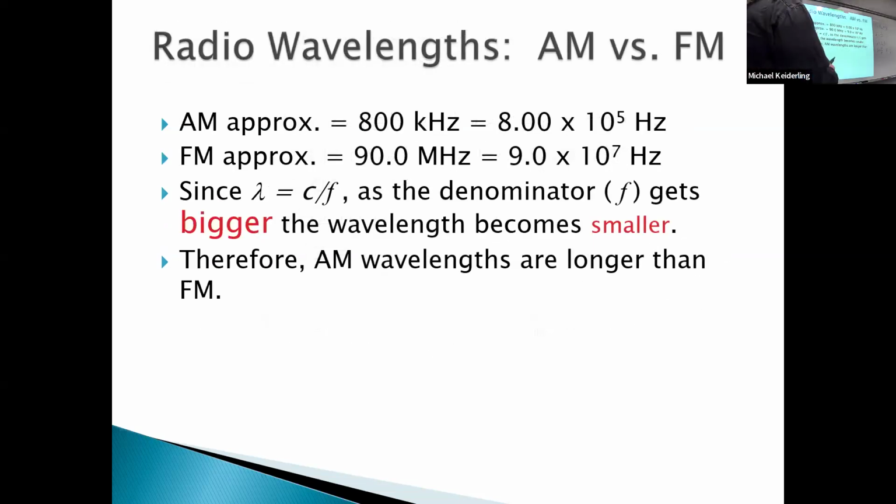So AM sits around approximately 800 kilohertz, 8 times 10 to the 5th hertz, while FM is around 90 megahertz, 9 times 10 to the 7 hertz. So AM wavelengths are longer than FM wavelengths.